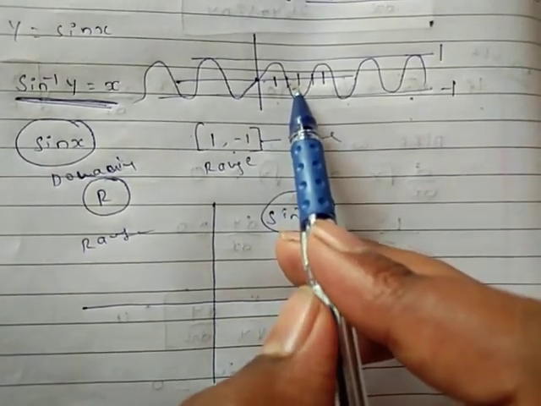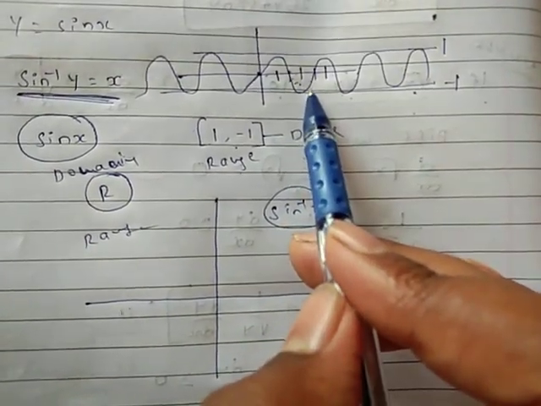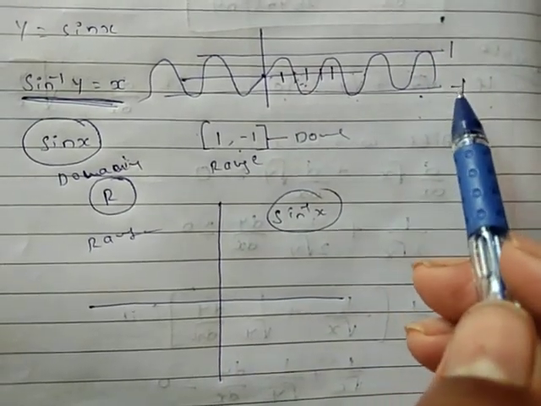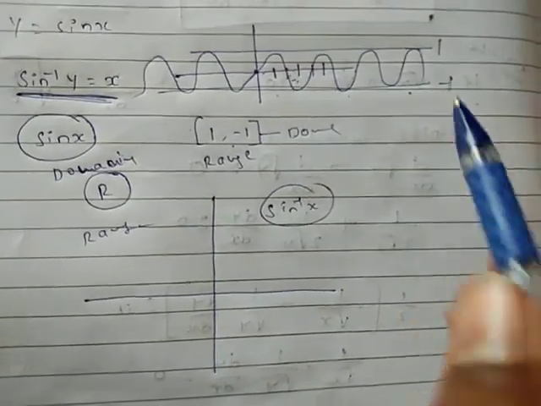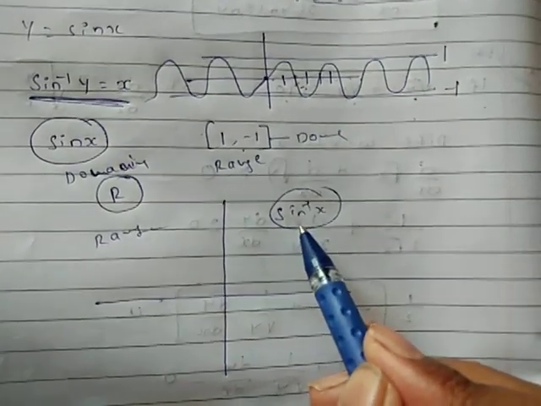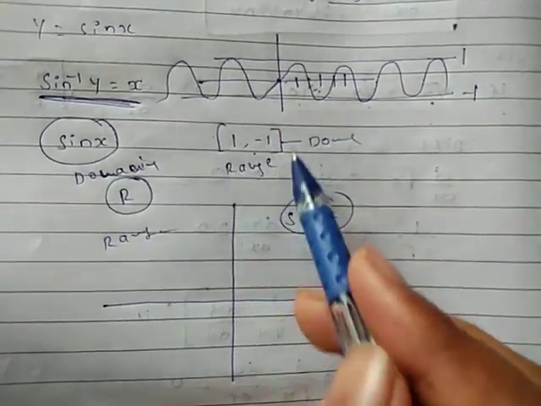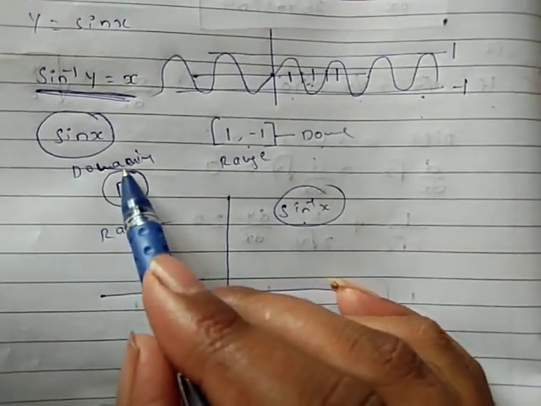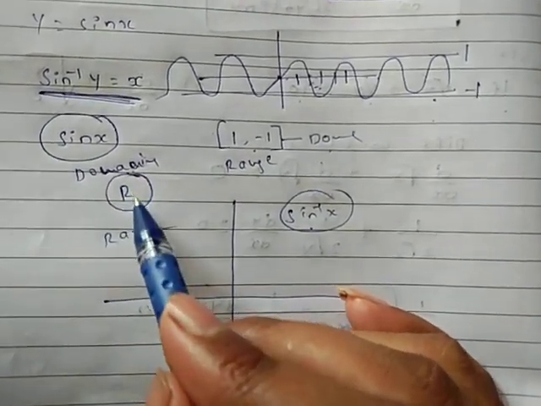and the domain becomes the range. Observe carefully, this is the graph of the sine function where the domain is R and the range is the closed interval [-1, 1]. For the sine inverse function, the range of the sine function becomes the domain of sine inverse, and the domain of the sine function becomes the range of sine inverse.